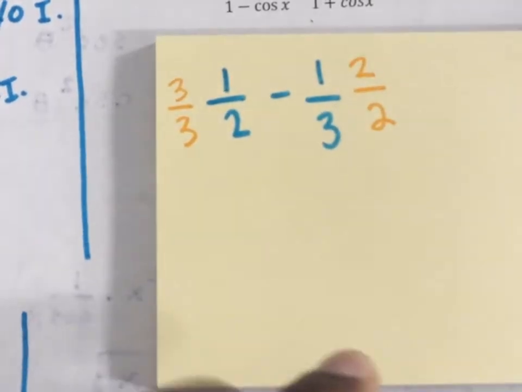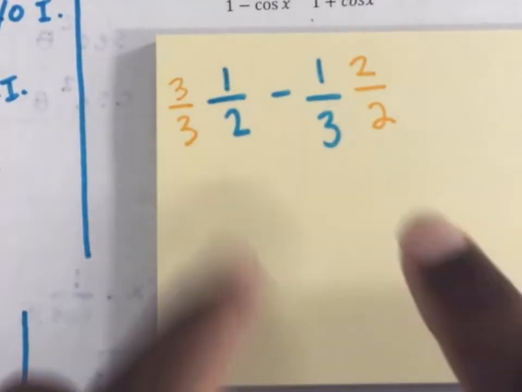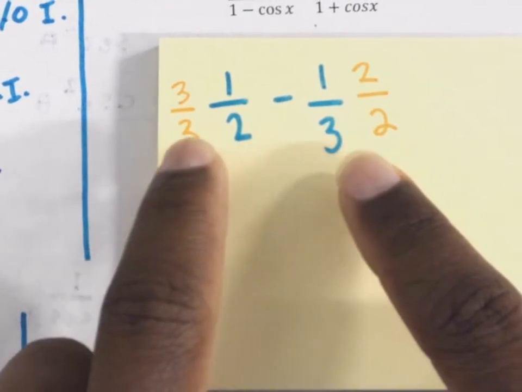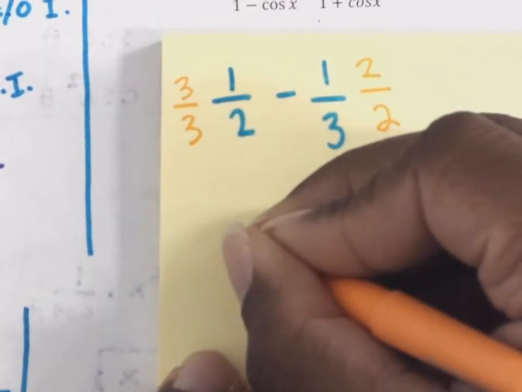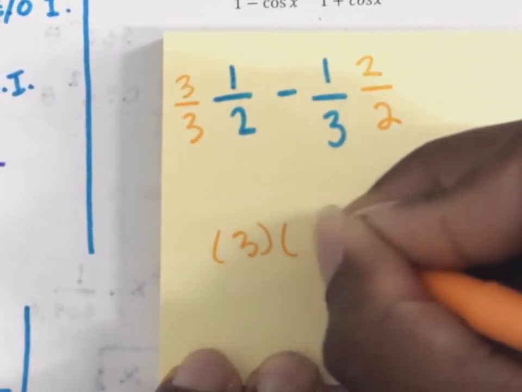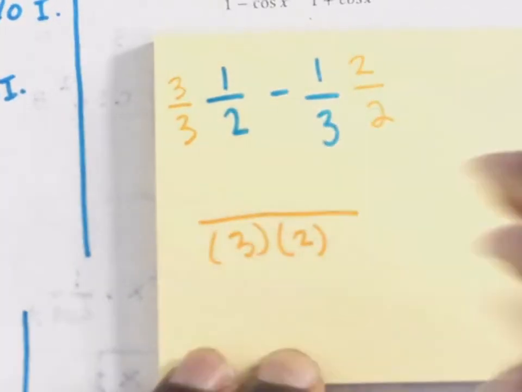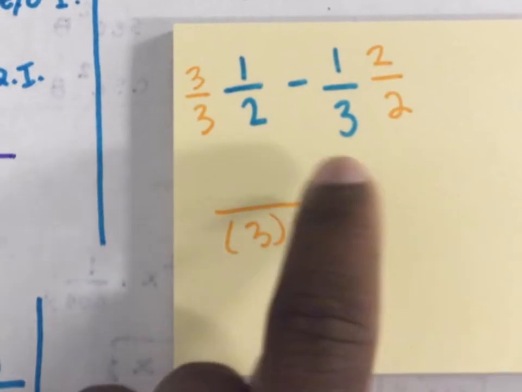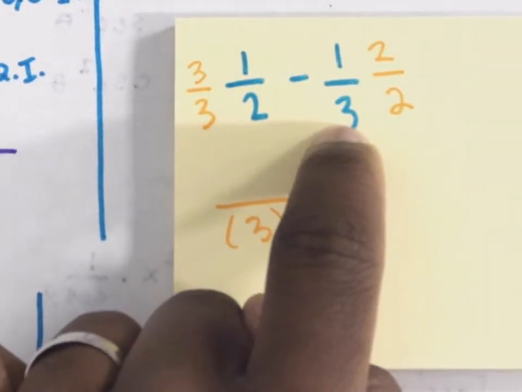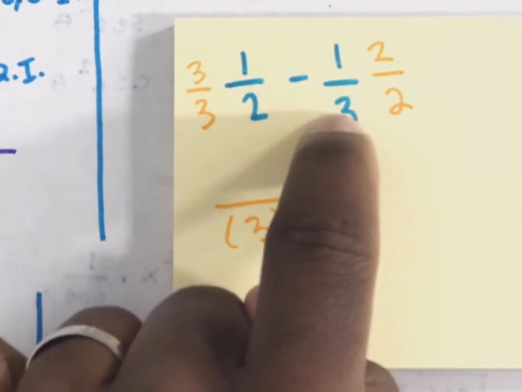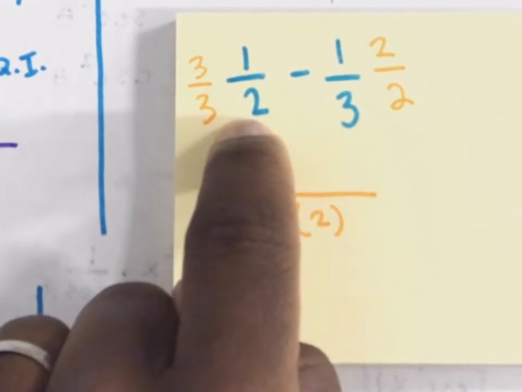Now my common denominator is 6, 3 times 2. So long story short, the left side needed to be multiplied by the right side denominator, and the right side needed to be multiplied by the left side denominator.